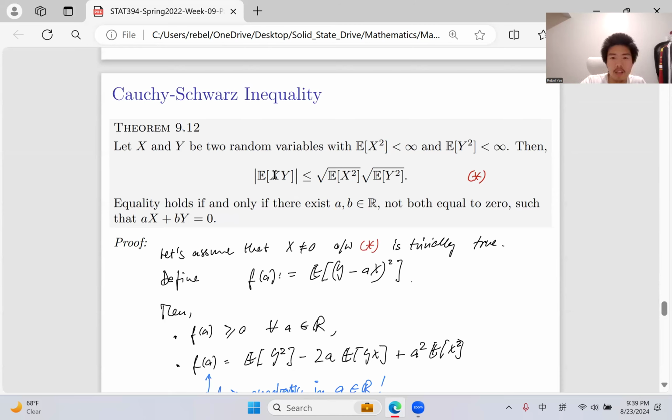For example, x is the real part and y is the imaginary part of a complex number, and the expected value of x times y is smaller or equal to the square root of the modulus of x times the square root of the modulus of y, its imaginary part.